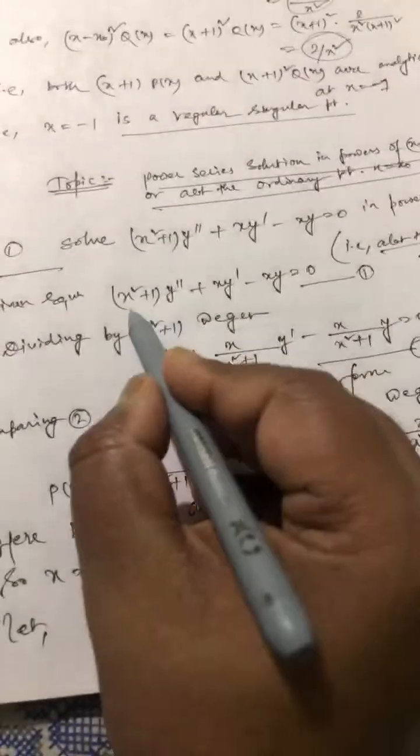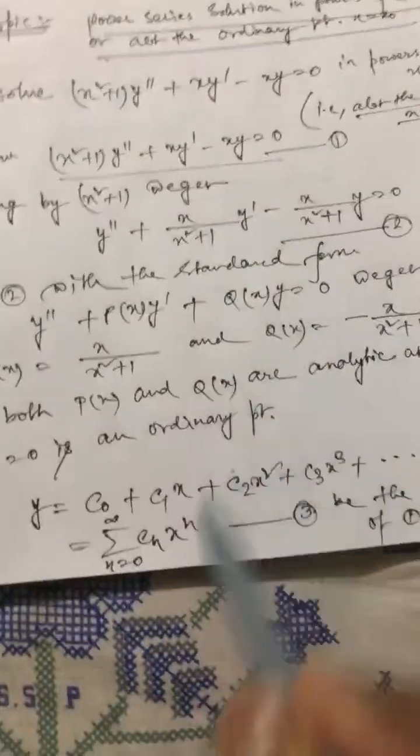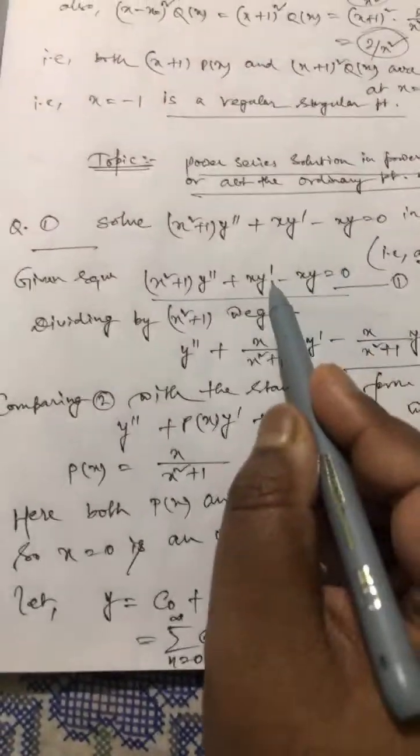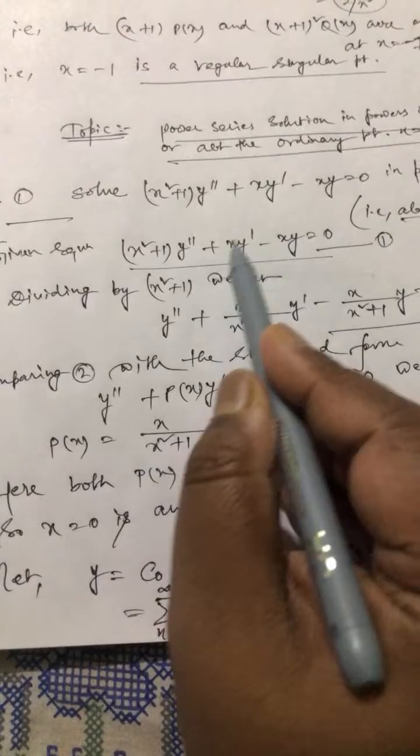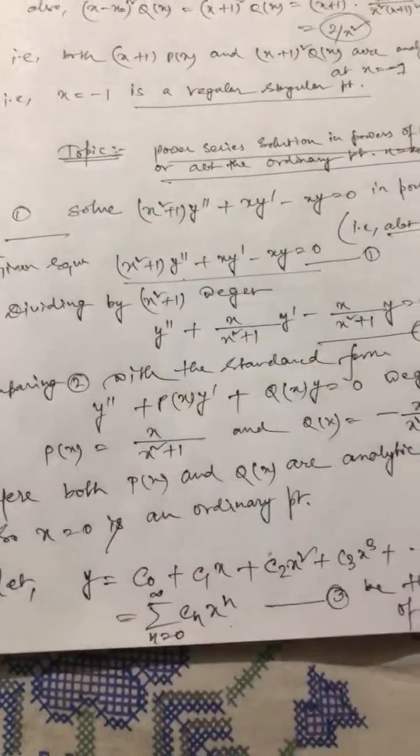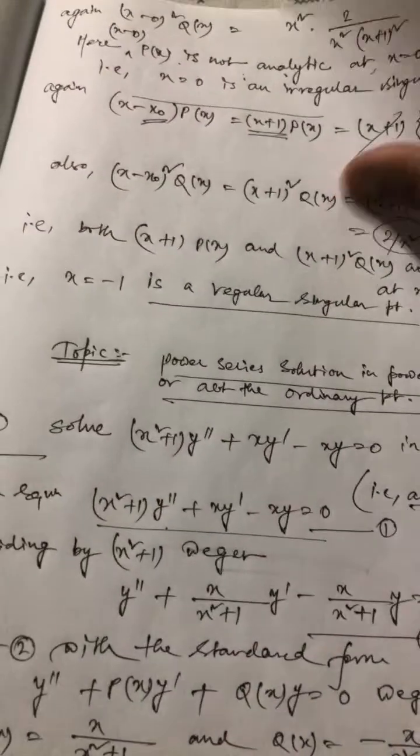Now observe the given expression. You have taken y is equals to like this, then you need to find out y dash as well as y double dash. Okay, let me show you one thing. I am writing here in terms of note.